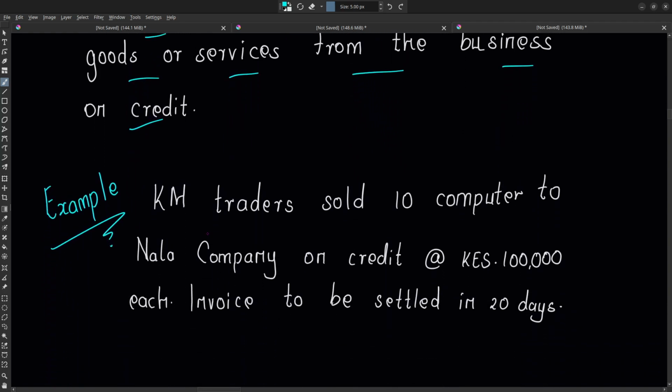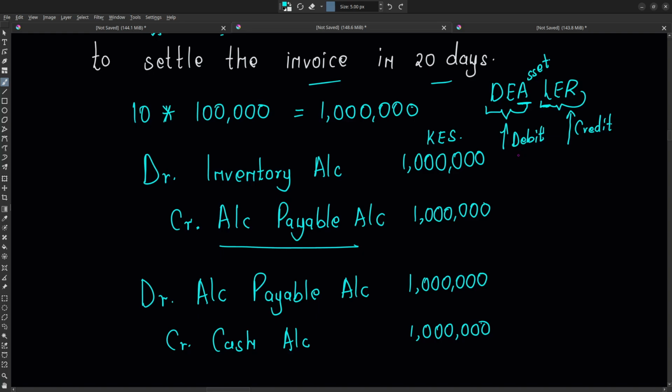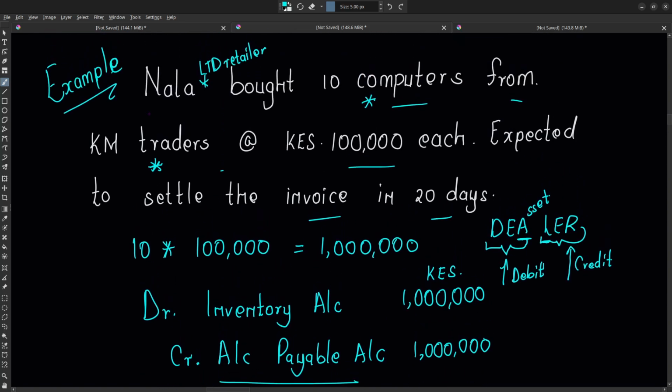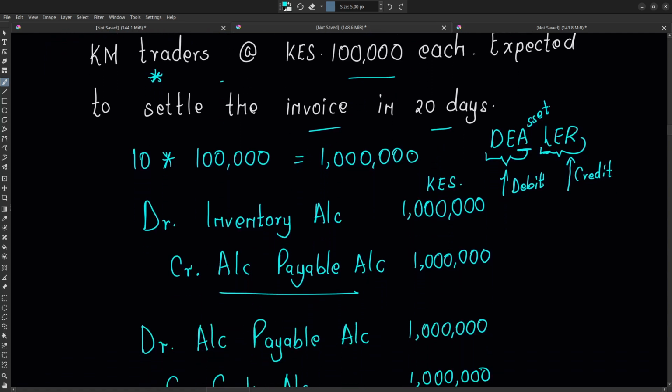So here we have an example: KM Traders sold 10 computers to Nala company. One thing I want you to note in this example, so that you don't confuse yourself: when we were looking at the earlier example, we were looking at the books of Nala Limited, and that is how they are going to record in their books.